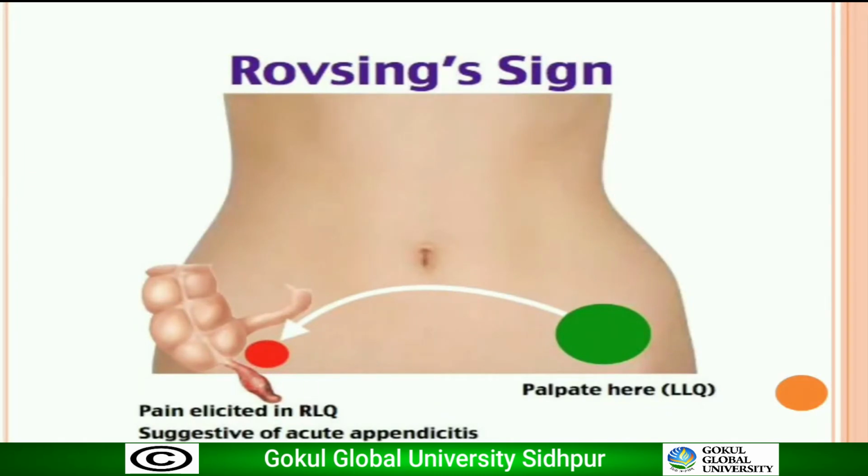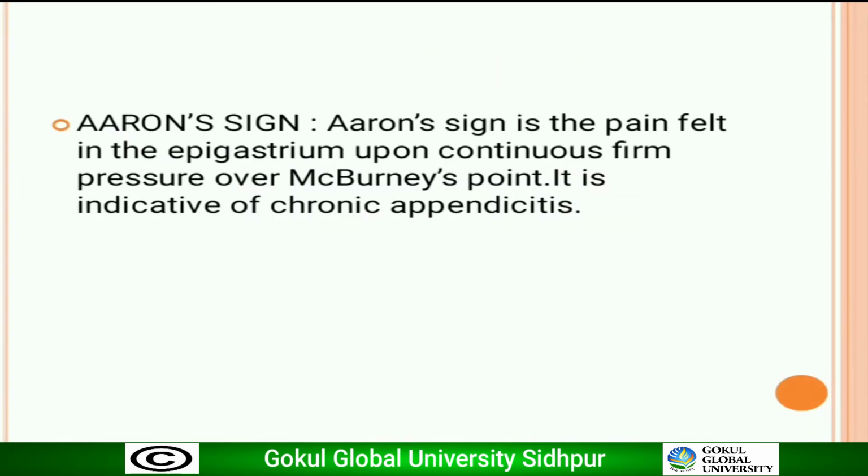This is the Rovsing sign. And the Aaron sign. Aaron sign is the pain felt in the epigastrium upon continuous pressure over McBurney's point. It is indicative of chronic appendicitis.